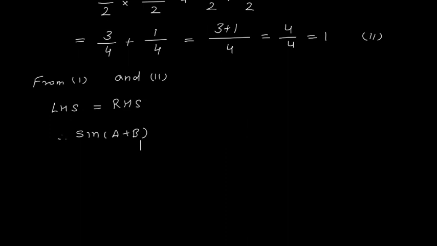So sine of a plus b is equal to sine a into cos b plus cos a into sin b. Understood? Okay, again this is an identity, you can learn it.